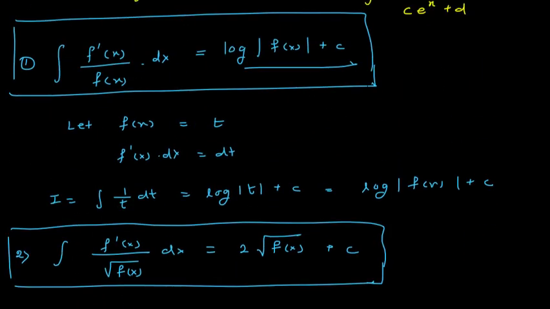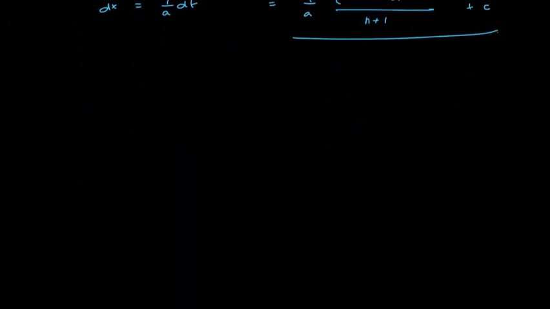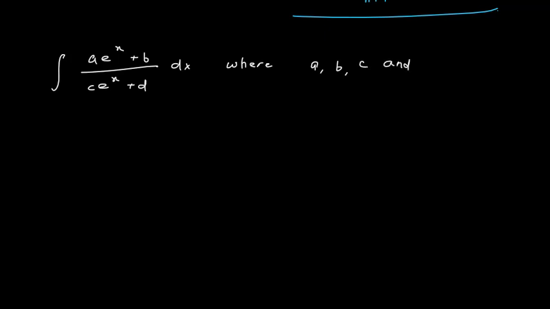Now let us come to our core problem. Here we have to integrate problems like (a e^x + b)/(c e^x + d) dx, where we say that a, b, c and d are constants.